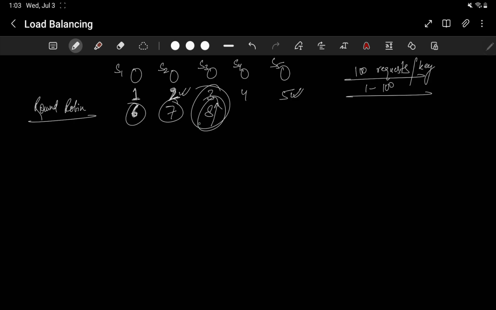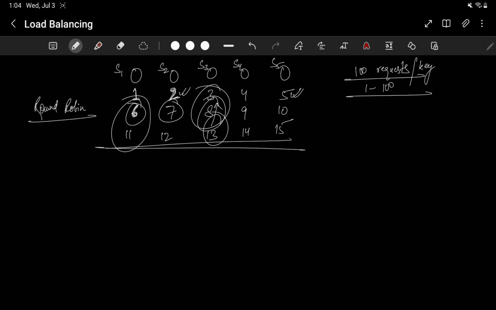If 3 is very large, or has some problem, or is stuck, 8 will never be serviced. That is the drawback of this approach. Once this happens, 9, 10, 11, 12, 13, 14, 15 will keep coming. Again 6, 11 and 13 will remain unprocessed, even though other servers may become empty. So this is the drawback with round robin.